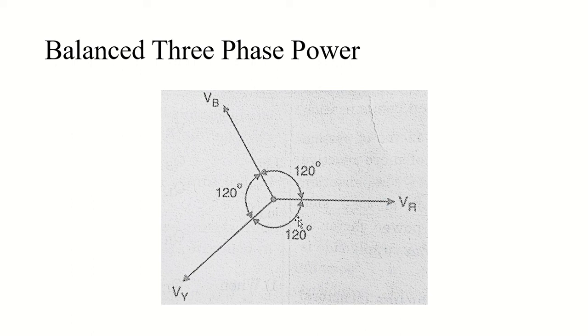The phase sequence considered is anti-clockwise, as you can see. First we are having Vr, then Vb and then Vy. Okay, so it is anti-clockwise. When we have phase sequence anti-clockwise, at that time your phases RYB will come in clockwise. First R, then Y, then B. This is a short trick to remember.